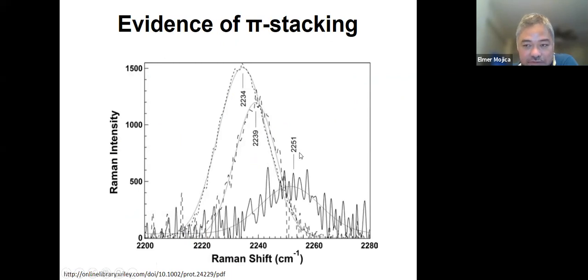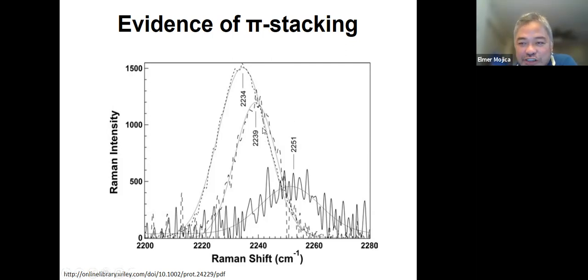This is the one coming from our publication. We start at 2251, and then when it starts to aggregate it is 2239, and with aggregate it is 2234. You might say, why is the signal increasing? What do you think is the reason why the signal is increasing? Anyone?